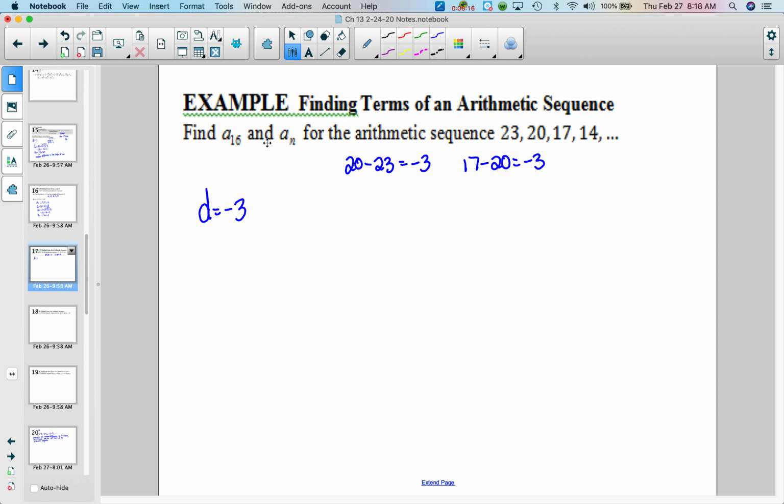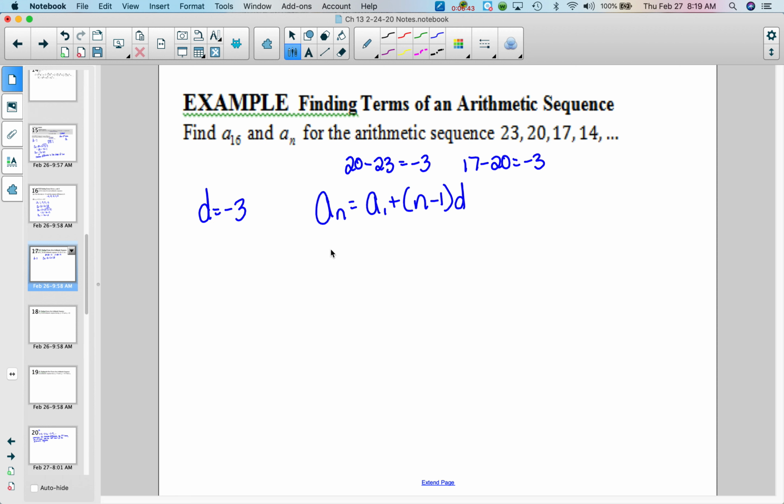So now I'm going to look for a sub n first because I don't want to continue to subtract 3 each time for 16 times. So I'm actually going to find a sub n and then use my formula to find a sub 16. So we know a sub n is a sub 1 plus n minus 1 times d. Well, we actually could find a sub 16 first by doing this.